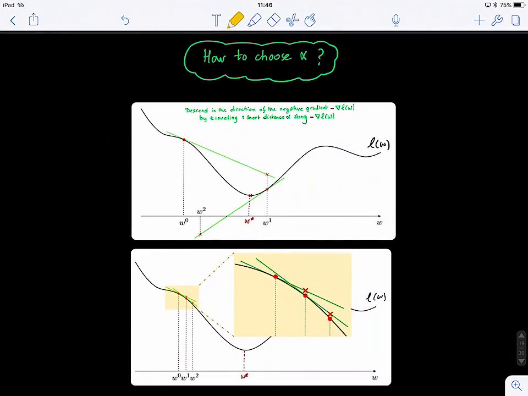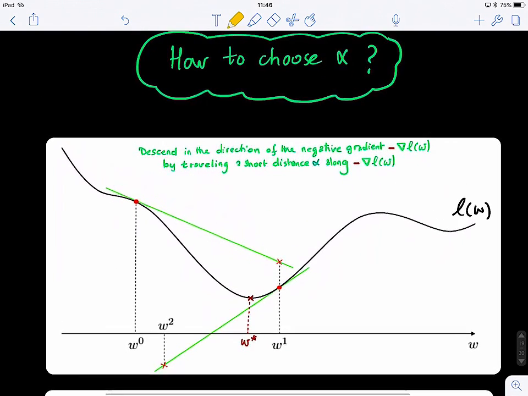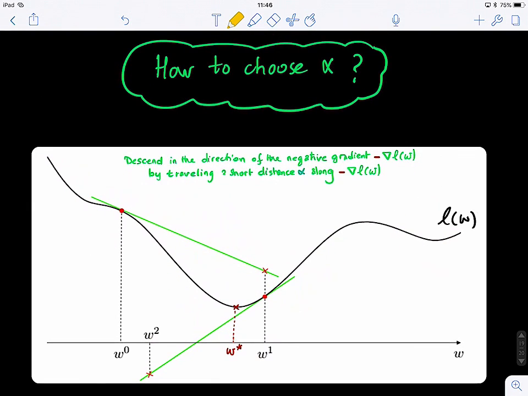Now, how to choose the alpha? This is quite problematic because let's look at this first case. I'll give you a second. Look at this. What's the problem with this case? If we choose a very large alpha, so the length of our jump is so big.